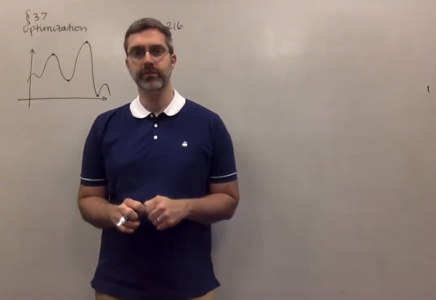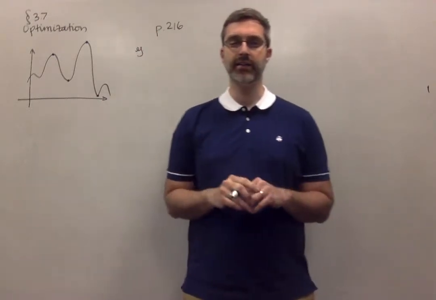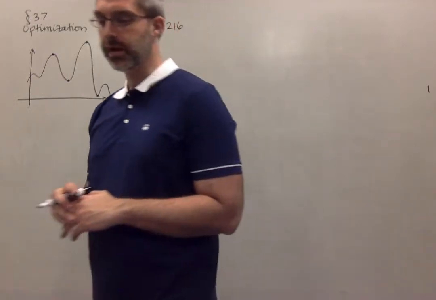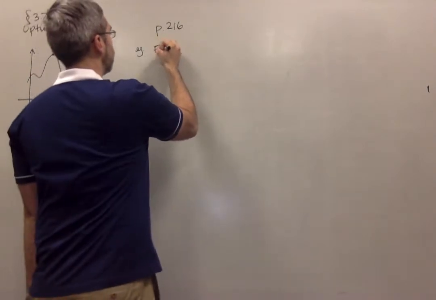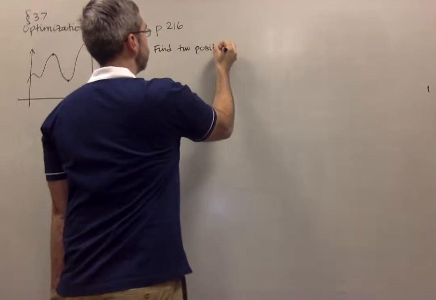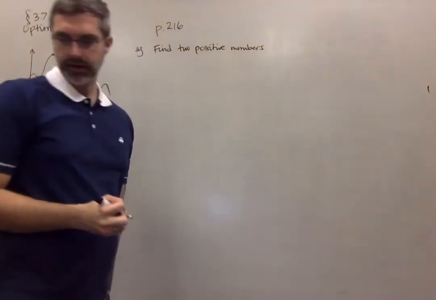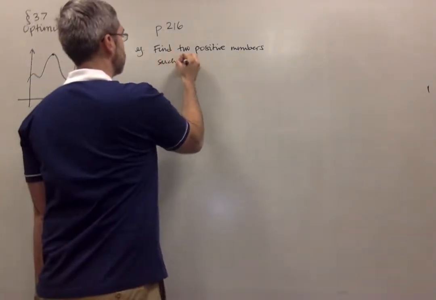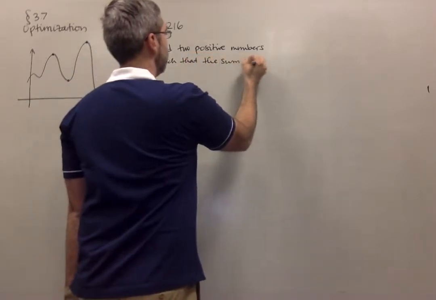So I'm going to do my first example of an optimization problem. I'm going to do a modified version of number 2 here. All right. So the problem, this one's not that long, so I'm actually going to write it out. I want to find 2 positive numbers such that the sum is 40.